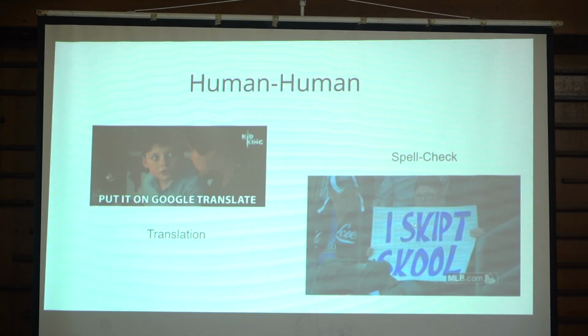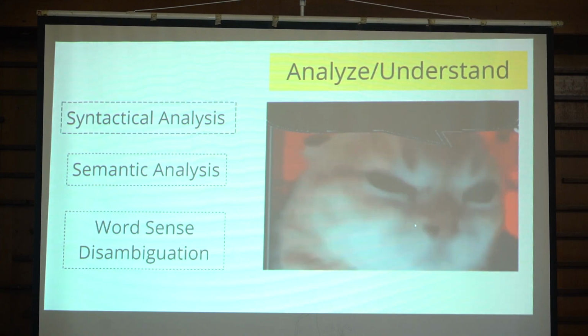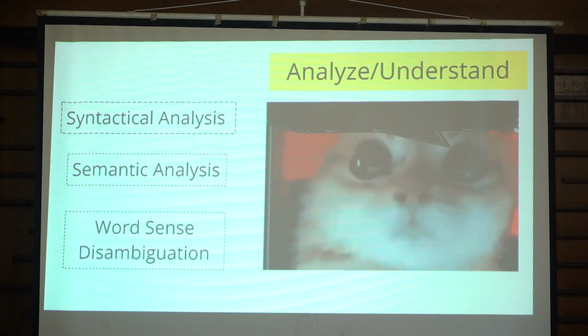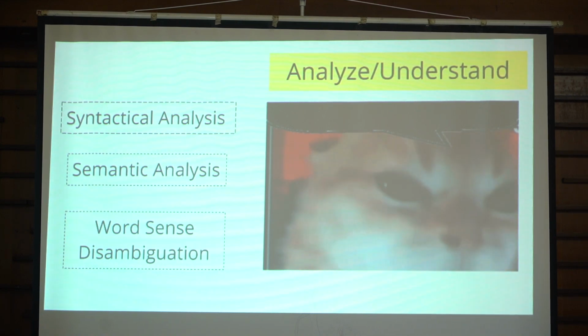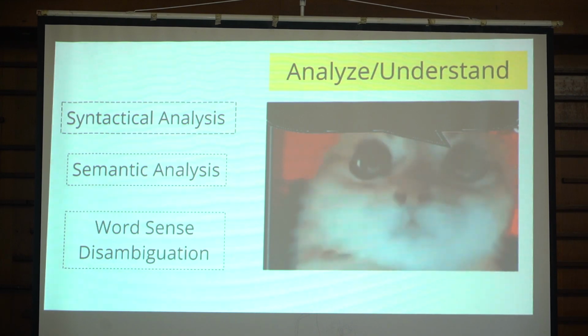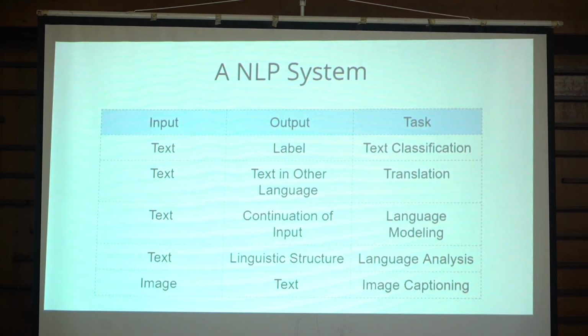And then the last part, analyze and understand language. So all the scientific things come into place here. Syntactic and semantic analysis, word sense disambiguation, etc. So typically, we have established this is how an NLP system looks like. The input could be text, image, even videos, etc.